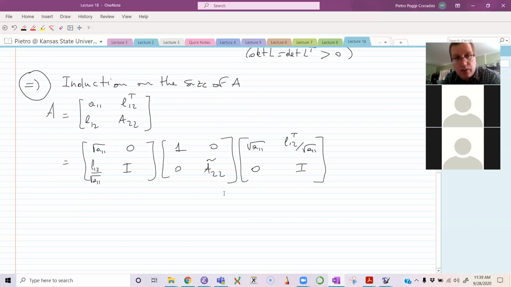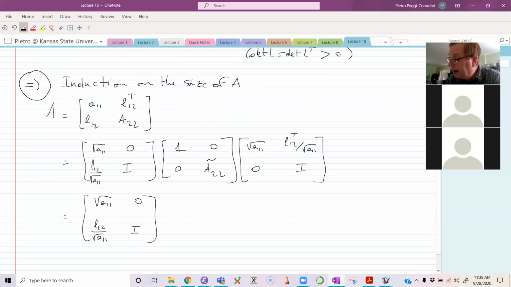Let's check what happens when we multiply this out. Okay, I'm going to do it in 2 steps. I'll keep the first matrix here, and I'm going to do the other product.